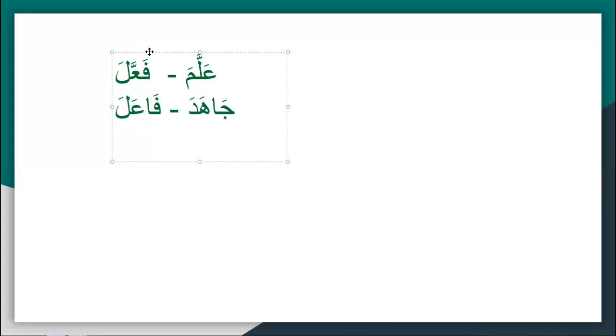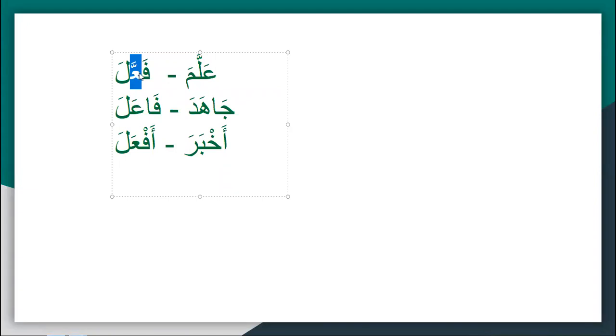Then number 4 was Akhbara family, or you can call it Af'ala family, okay? So these three groups we have studied have only one extra letter. Allama family has one shadda on its top.